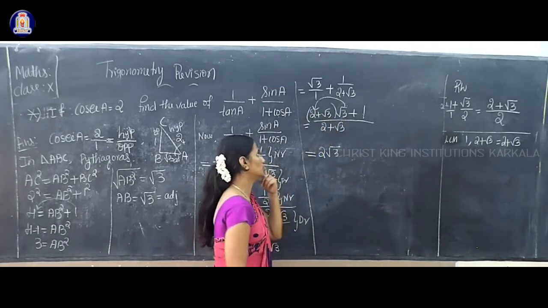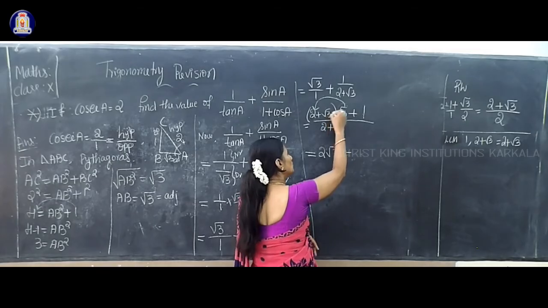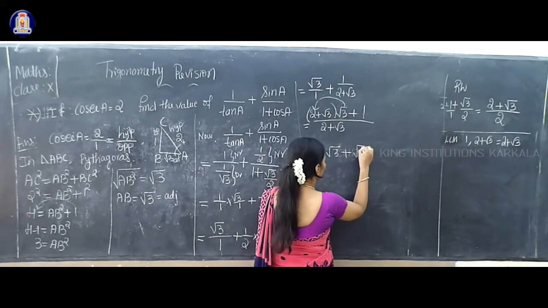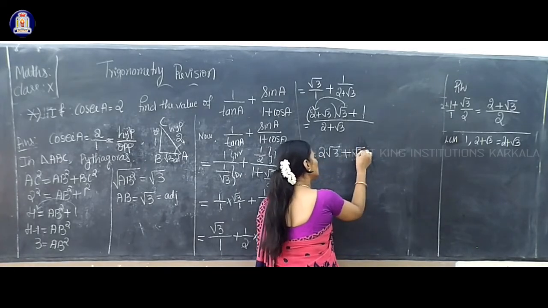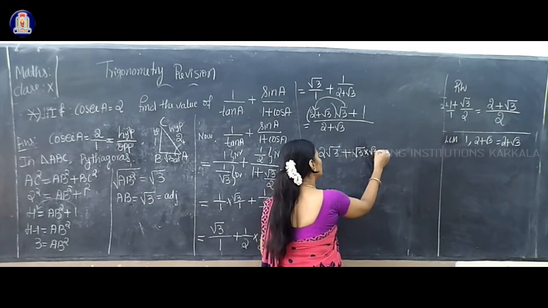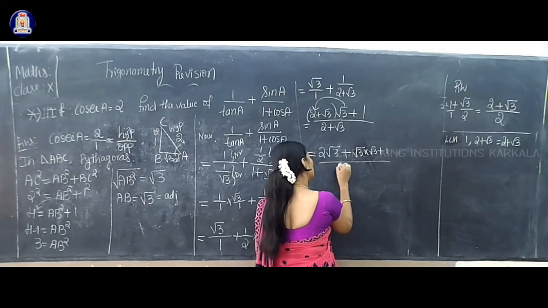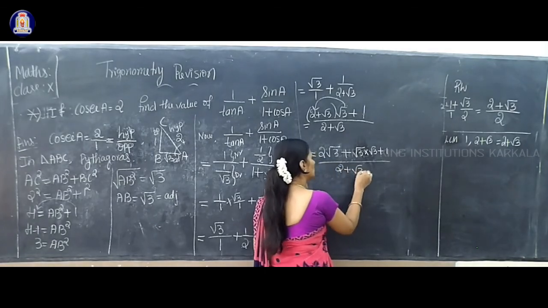It is 2 root 3 plus root 3 into root 3, which is root 9, right? So I write root 3 into root 3 plus 1, divided by 2 plus root 3.